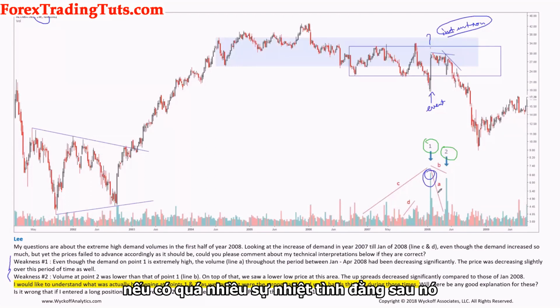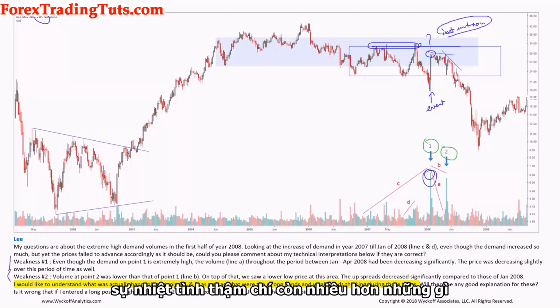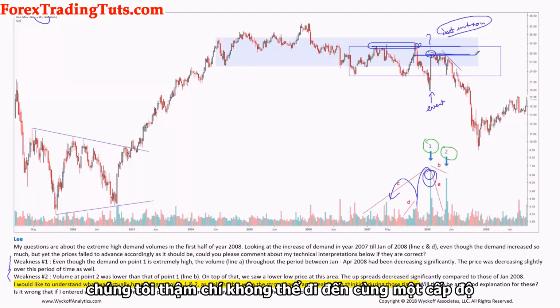If there is so much enthusiasm behind it, the intention was to overcome the previous points of resistance that we were not able to overcome. And then what do we do with all of this enthusiasm, even more than what we've seen before? We can't even go to the same level.